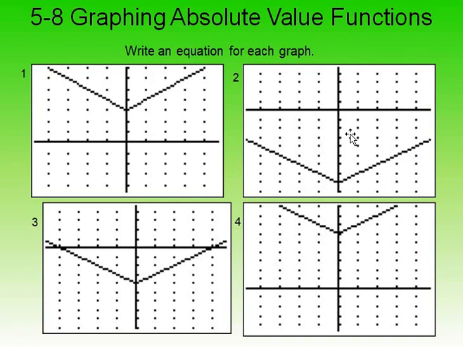And let's count: 1, 2, 3, 4, 5, 6, 7, 8, minus 8. So it will be the absolute value of x minus 8. Okay? And please, I want you to try to find the rest and solve.